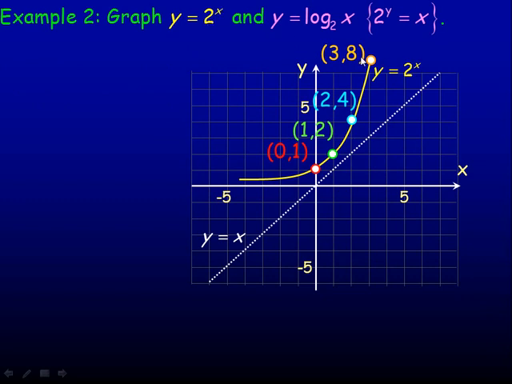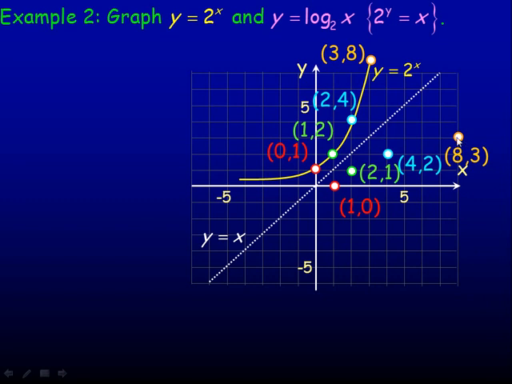Now remember, to graph an inverse, one thing you can do is switch the x and y's and graph them, and then you get the graph of the inverse. So if I switch the point 0, 1, I get 1, 0. So that's the point 1, 0. 1, 2 switched would be the 2, 1 point. 2, 4 becomes 4, 2. So that's the point 4, 2. And then 3, 8 would become 8, 3 when we switch x and y.